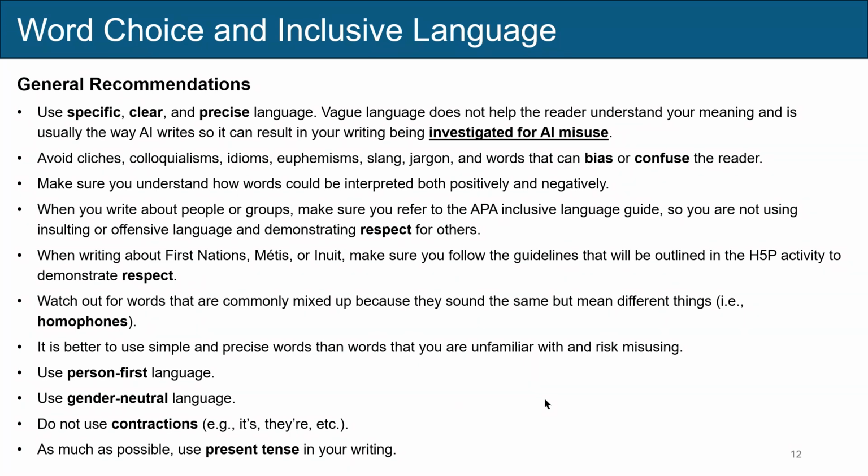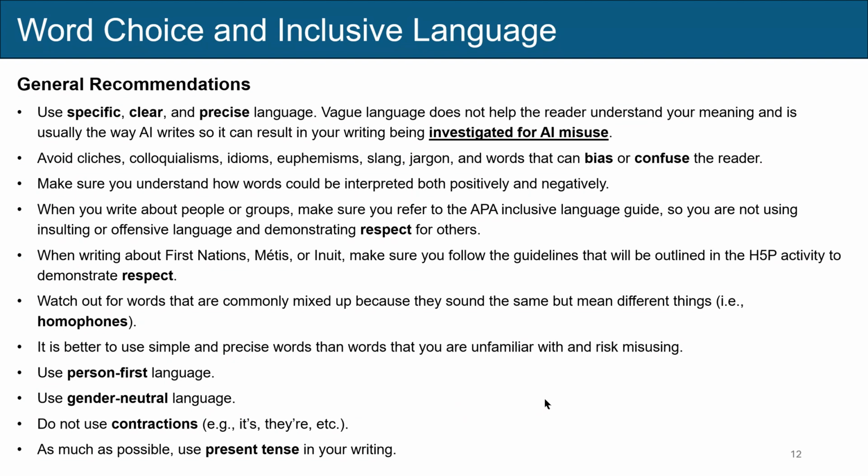This is something that I see AI often does. So sometimes I end up having to investigate for AI misuse because the language might be good and understood, but there's no examples, there's no connections to use. And so that makes it vague and imprecise.